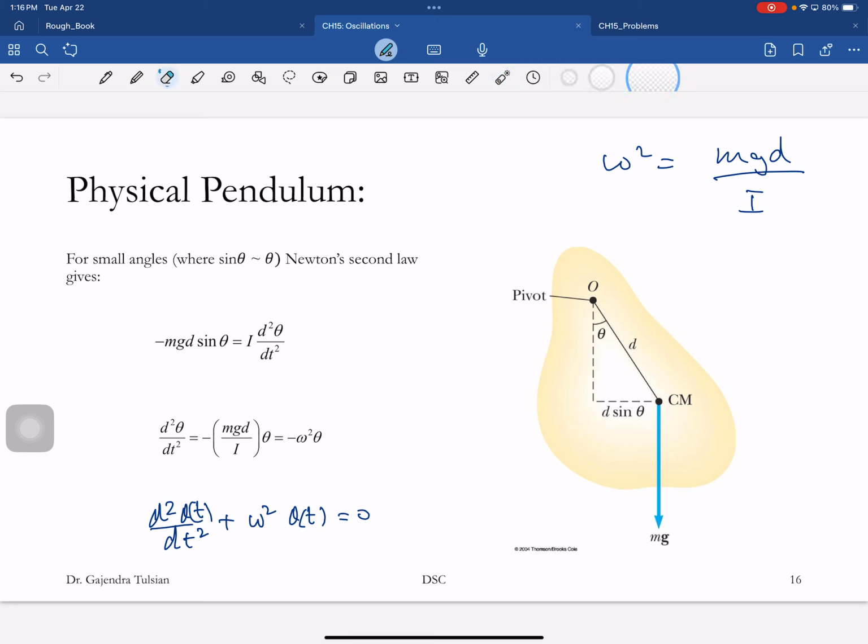So now we have studied four different systems. For the mass attached to the spring, omega squared was k over m.